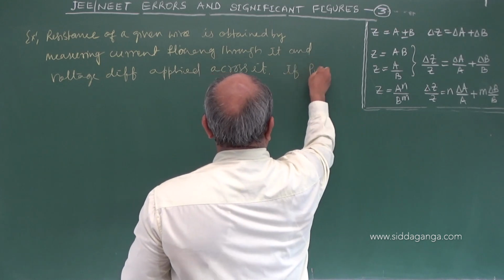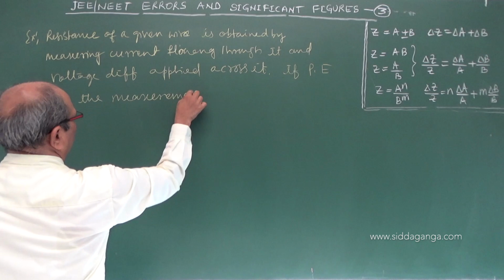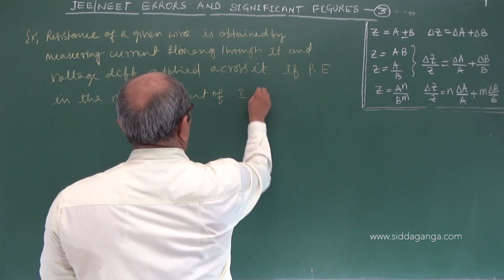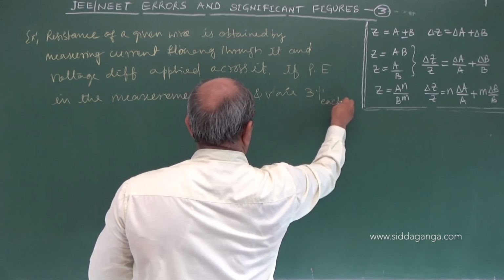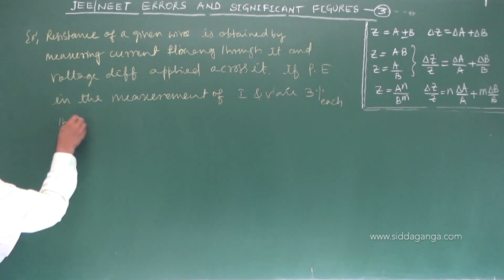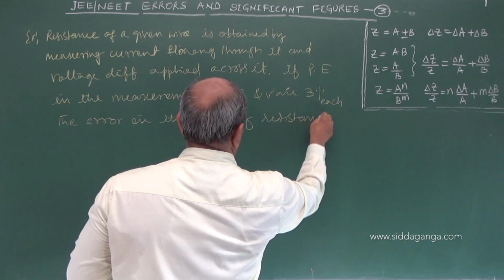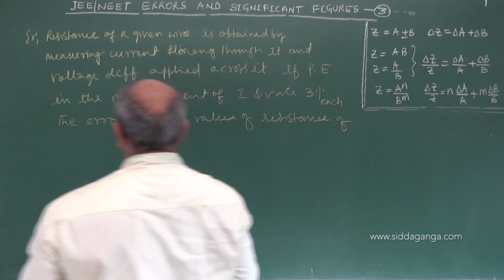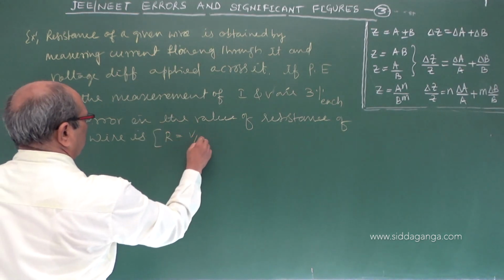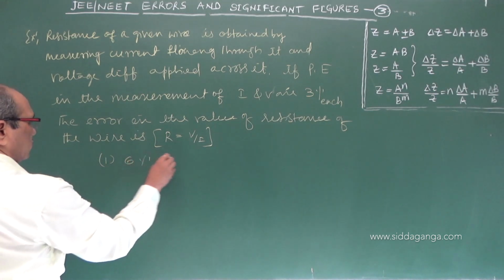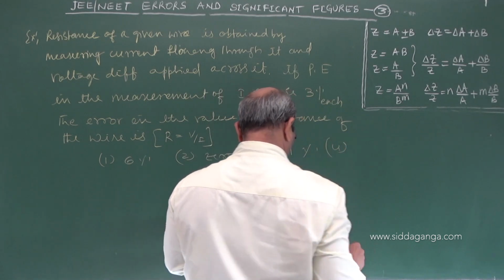If the percentage error in the measurement of I and V are 3% each, the error in the value of resistance of the wire, R equal to V by I. Options are 6%, 0%, 1%, 3%.